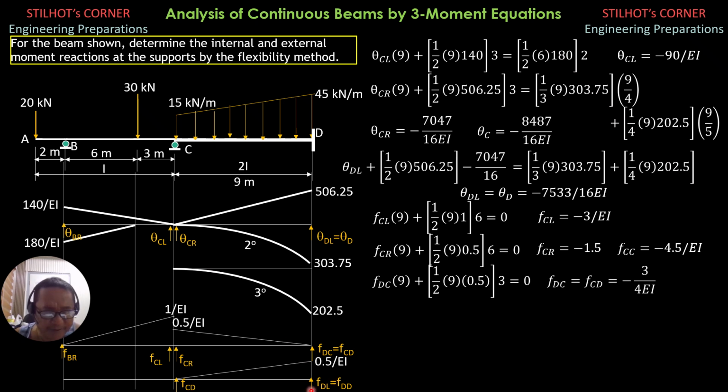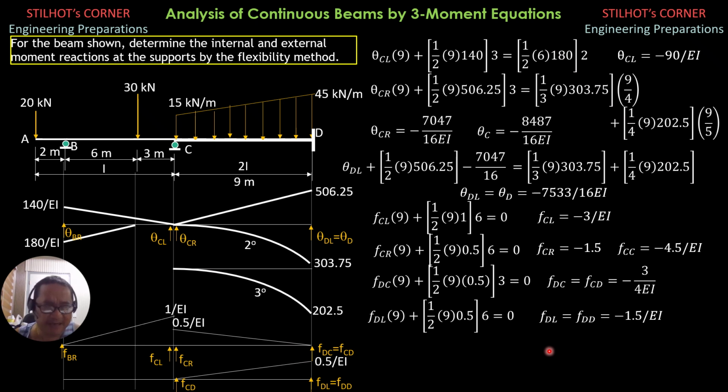Then to solve for FD left, we consider this diagram, summation versus y. So negative 3/4 plus FD left, which is FDD, plus 1 half of 9 times 0.5, or summation moment at the left, FD left times 9 plus 1 half of 9 times 0.5, moment arm 6 equals 0. So FD left is equal to FDD equals negative 1.5 over EI.